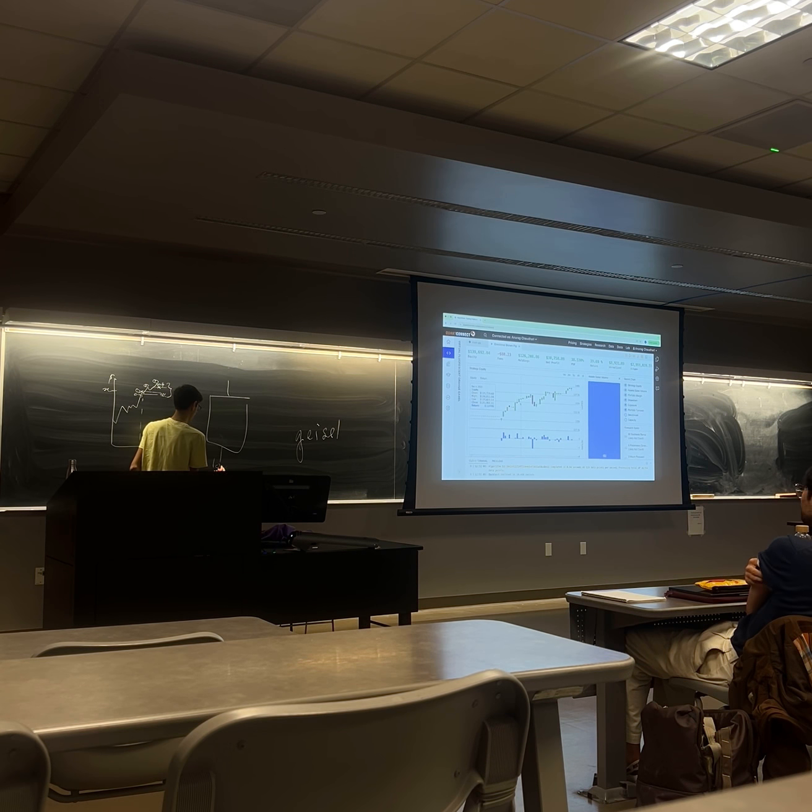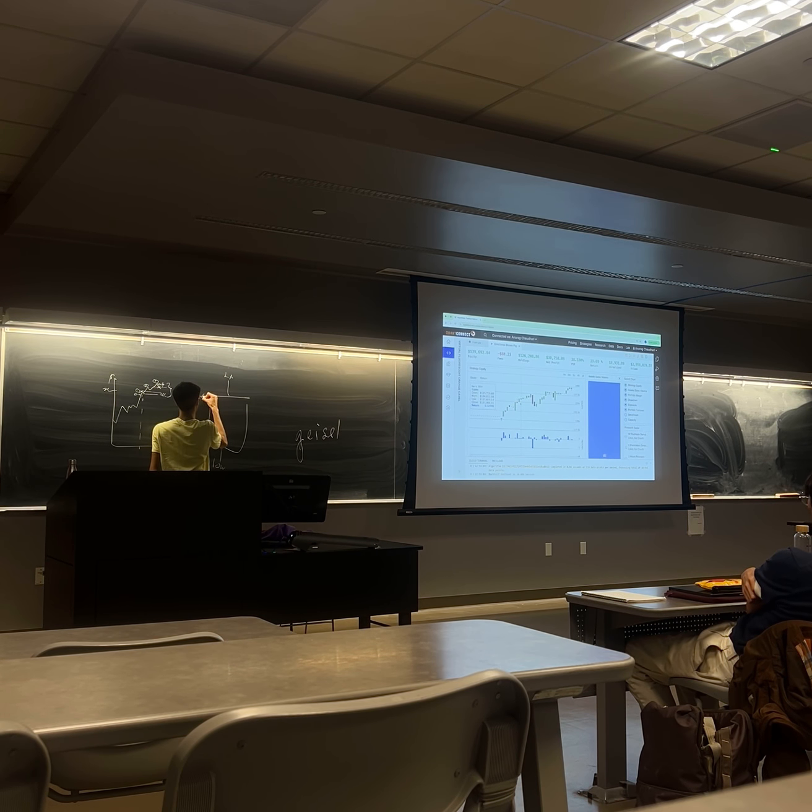Within each bar, this is just a convenient representation of it. The lowest price point is the end of the wick at the bottom here.